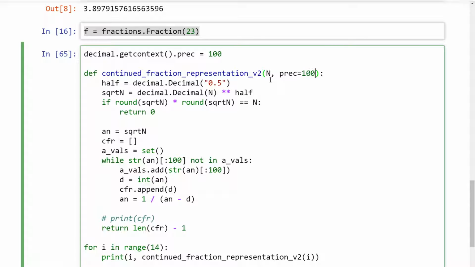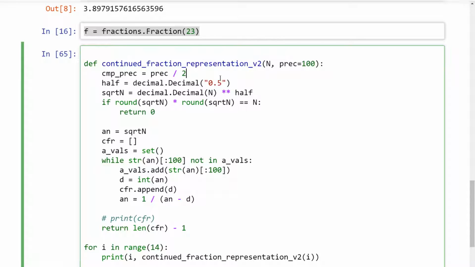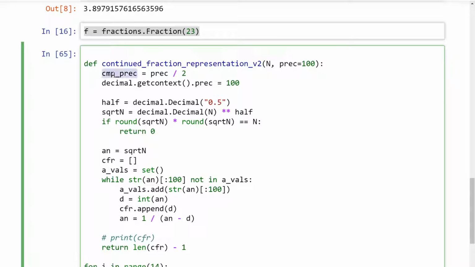Let's start with 100, and let's say, what do we call? CMP prec is just prec over 2, and we set the precision here, and we do the CMP prec, and we make sure that it's an integer, and we start off with prec. Yeah, sure, let's start off with prec 100.